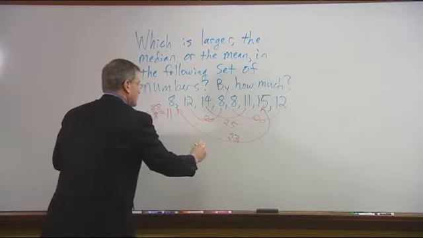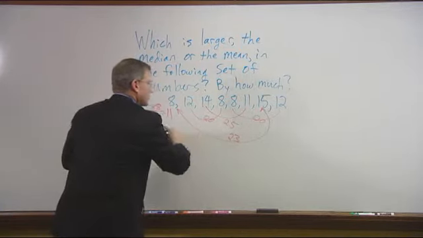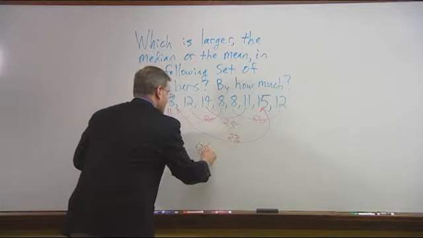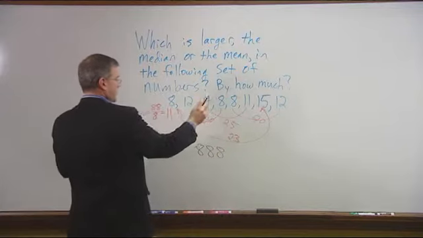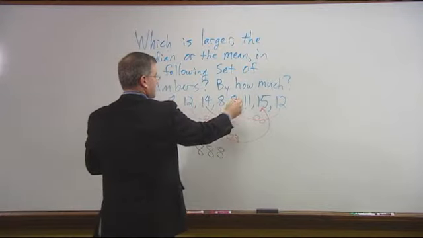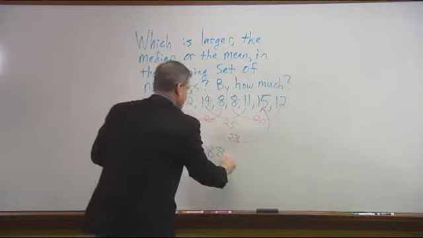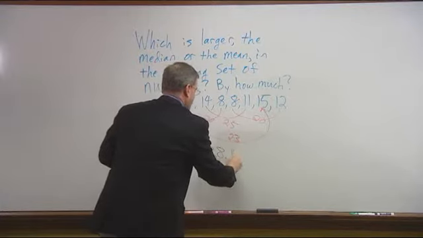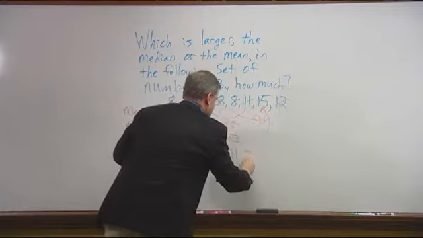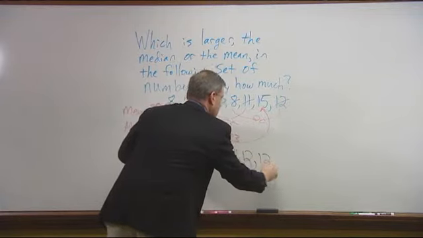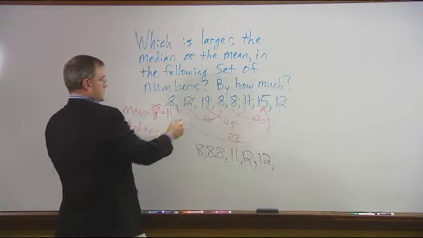So reordering the numbers, our lowest number is an 8. And I think we have 3 of them. And then we have an 11, 2 12s, and a 14 and a 15.